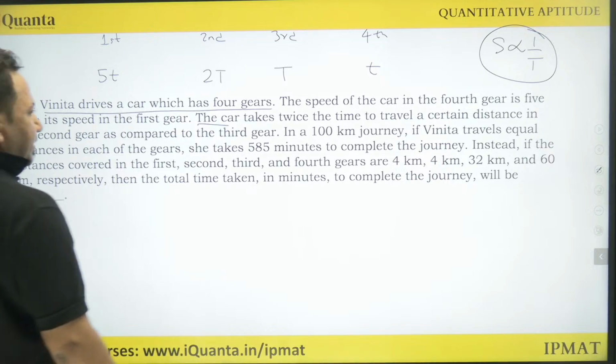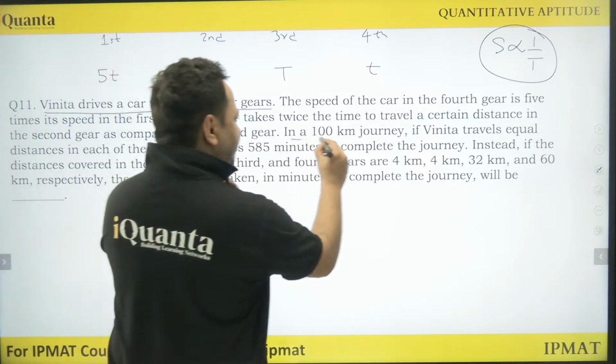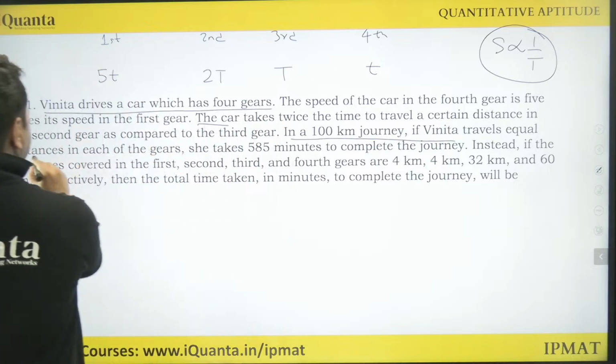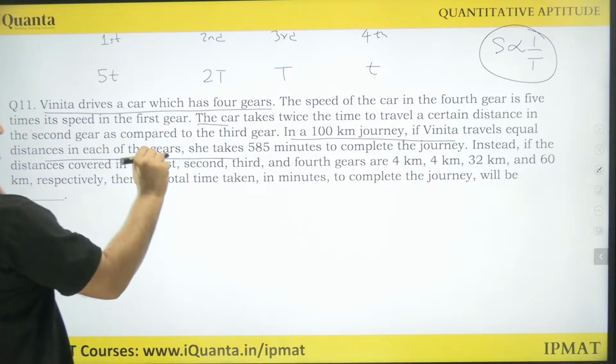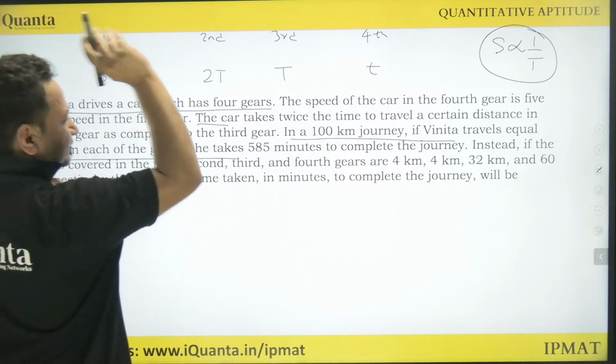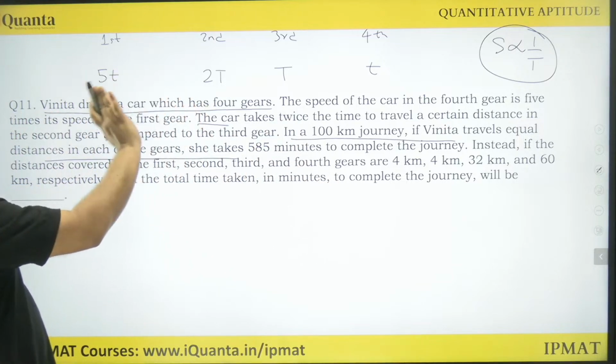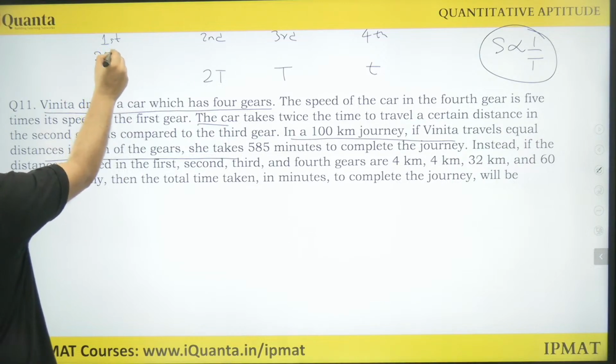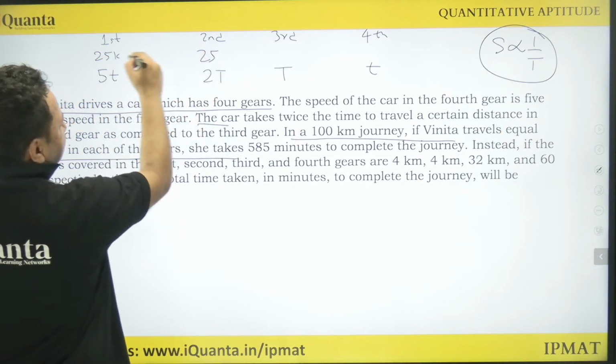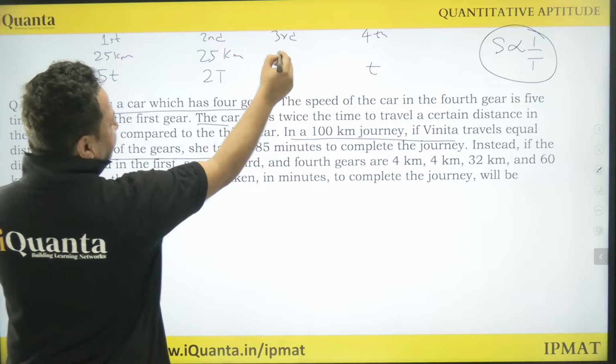Very good. Now, in a 100-kilometer journey, if Vinitha travels equal distances in each of the gears, she takes 585 minutes. So I am assuming 100 kilometers, 4 equal parts, that means 25 kilometers in all the gears.